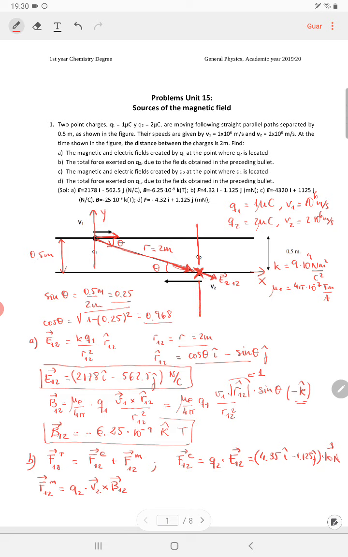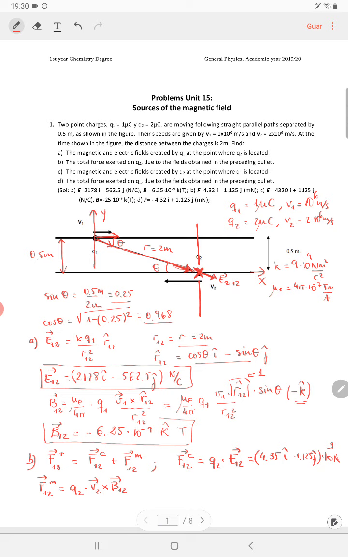And just to know if it has to go up or down, we just have to use the right hand rule. For the right hand rule, we put in the index the velocity of the second one, and then in the middle finger the magnetic field provided by the first one where the second one is, that was a vector that was going into the screen.